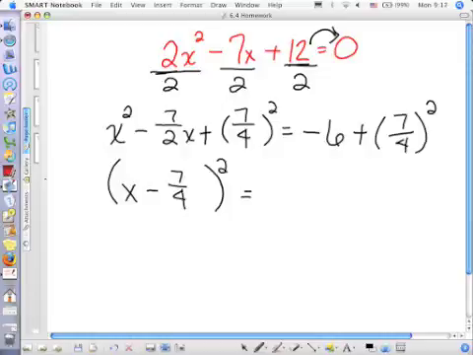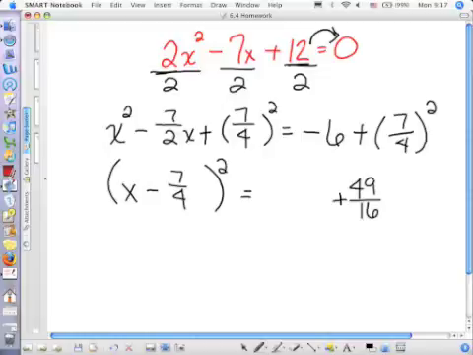X minus 7/4 squared. Kirsten, on the other side, what should I do first? And what do you get when you square 7/4? 49/16. Very good. Now you can't just say negative 6 plus 49/16 is negative 6 over 49/16.